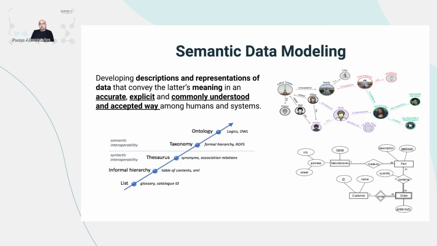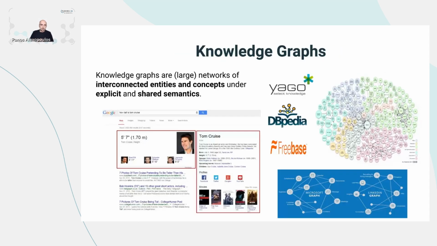Semantic data modeling is what I do. And by semantic data modeling, I practically mean the development of descriptions and representations of data that convey the data's meaning in an accurate, explicit, and commonly understood and accepted way among humans and systems. This is a definition that encompasses a lot of different artifacts, such as taxonomies, metadata schemas, vocabularies, and also knowledge graphs.